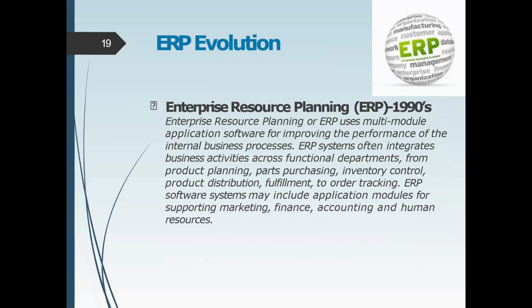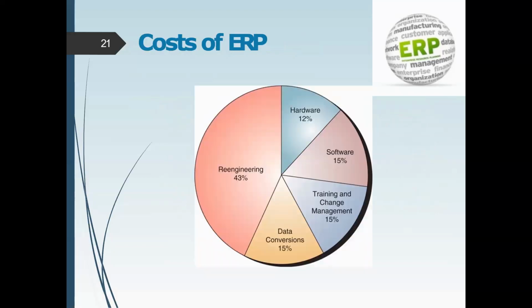ERP systems often integrated business activities across the functional departments, from product planning, parts purchasing, inventory control, to fulfillment and order tracking. All these were included in one software package. The ERP software systems may include application modules for supporting marketing, finance, accounting, and human resources, as we discussed.